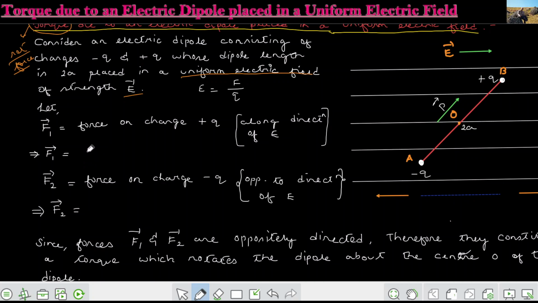So in this case, I will write F equal to Q into E, with the bar sign. If you take the modulus of this, you get the equation in this form: F1 equal to Q into E. And likewise, the force on charge minus Q will be Q into E bar.